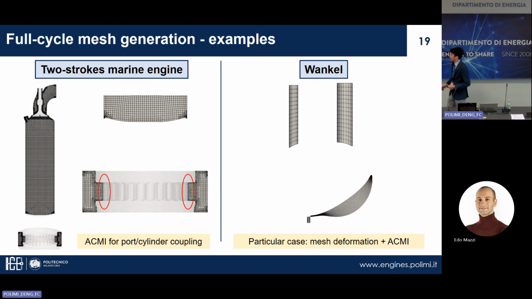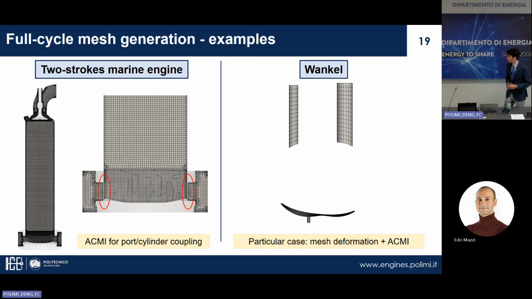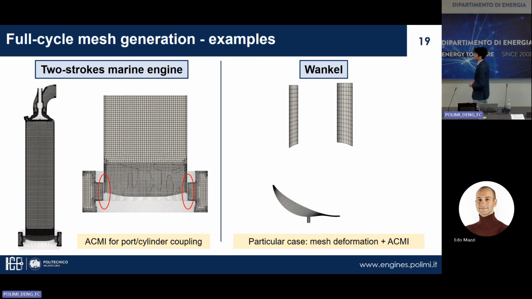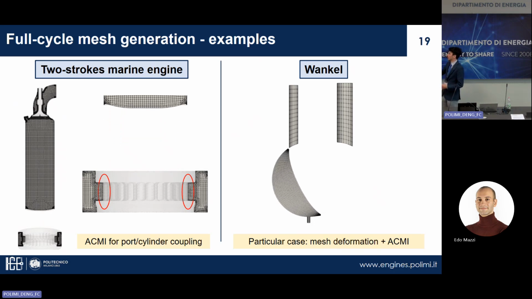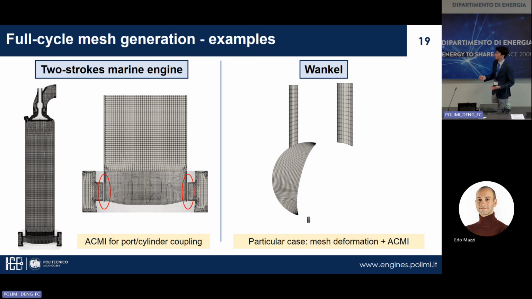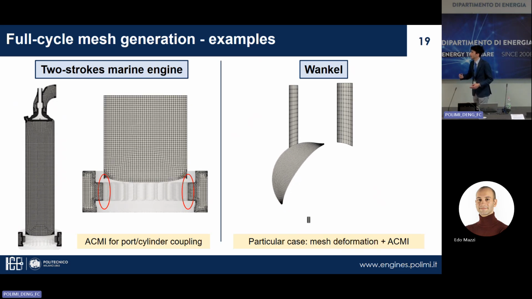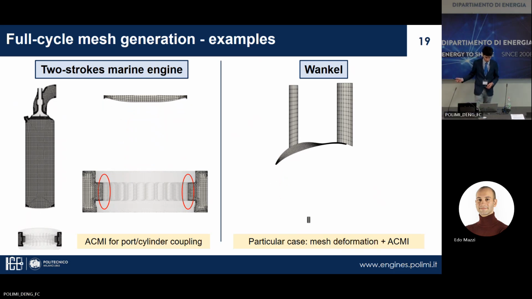Whereas on the right, it's quite a particular case. We already saw it in the presentation from Marmotos this morning: the Wankel engine, which is not based on multiple meshes, but is a single mesh with mesh deformation. But again, we use ACME for the coupling between the intake and exhaust ducts and the combustion chamber.